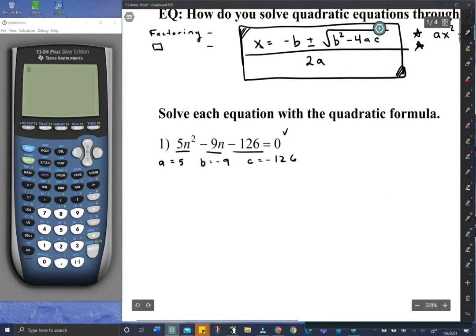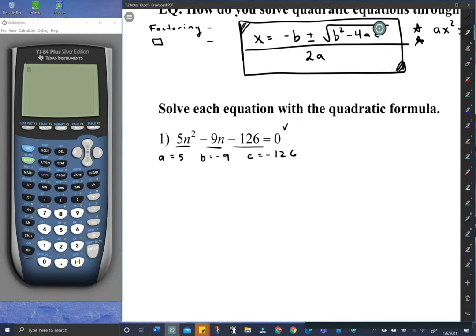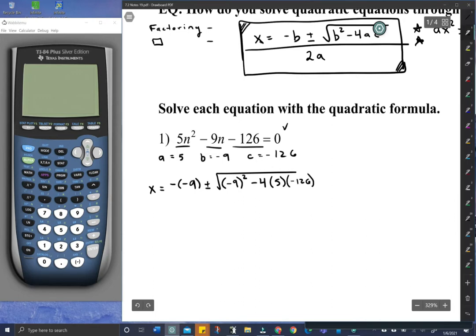So our formula: x equals negative b, so it's the opposite of negative 9. That's a first little curveball there. Plus or minus the square root of b squared, I'm still going to put it in parentheses here, minus 4 times a, which is 5, and times c, negative 126, all that in the square root, and then divided by 2 times a, or 5.